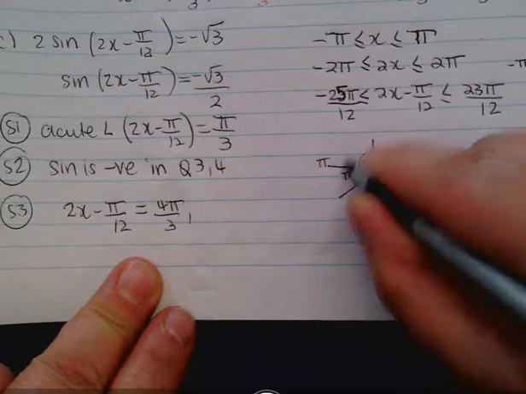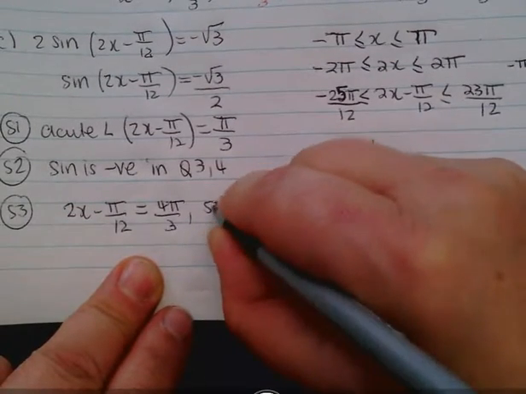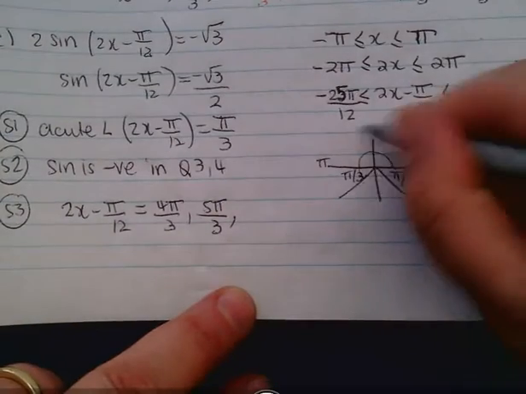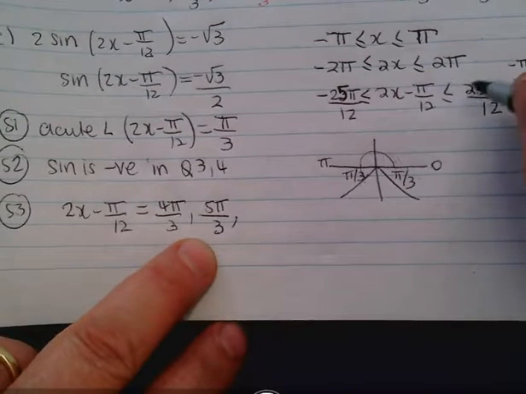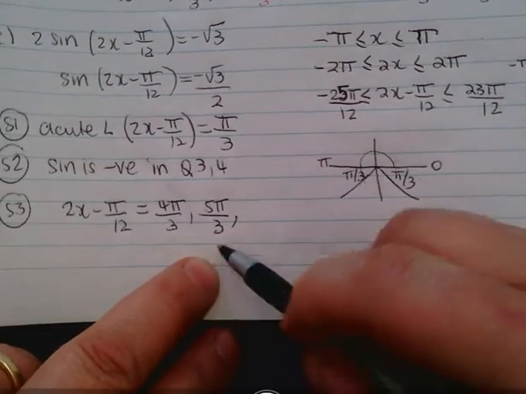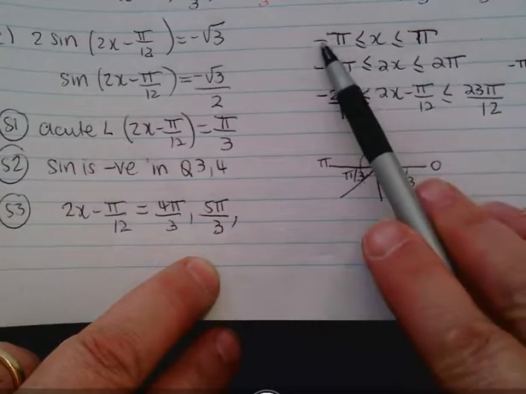My second solution is 2 minus 1/3, that's 1 2/3, which is 5 pi on 3. Now 1 2/3 is definitely less than 1 and 11/12, so that fits.